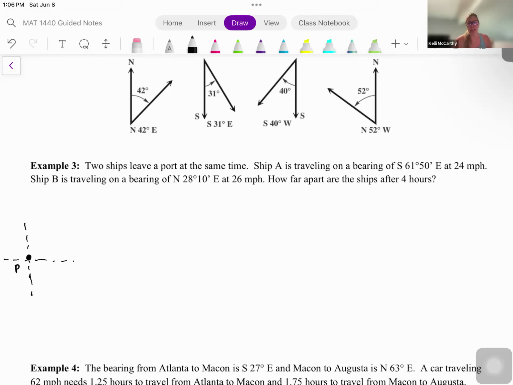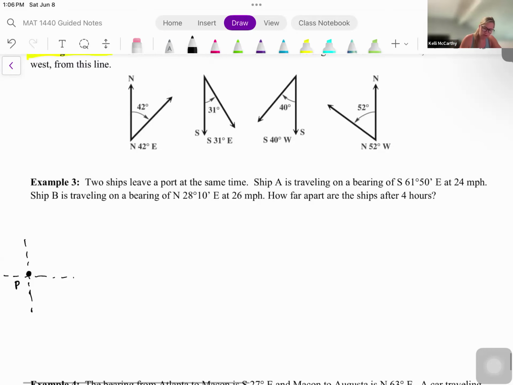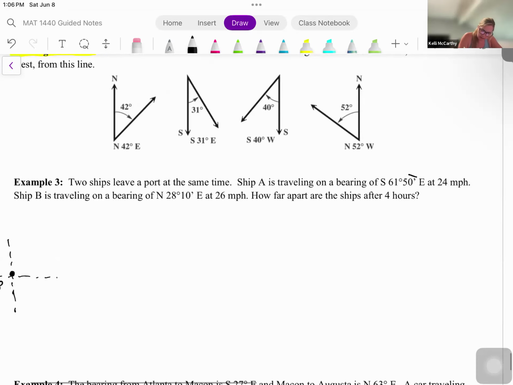Ship A is traveling on a bearing of south 61 degrees 50 minutes east. Let's go ahead and actually make those conversions, just so we're dealing with decimal degrees. So 61 degrees 50 minutes is 61 plus 50 over 60, or about 61.83 degrees.